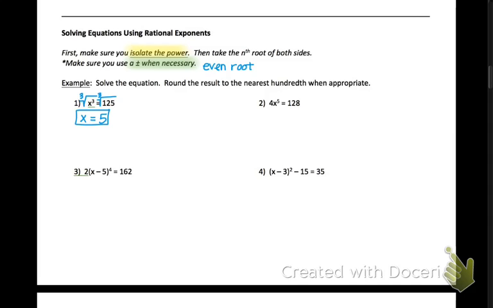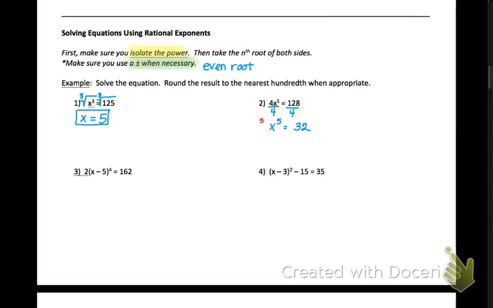So if we look at example 2, this one has a little bit of an added step. The power term is x to the 5th. So we need to remove that coefficient. We will first divide by 4 on both sides, and that gives us x to the 5th is equal to 32. Now at this point, we want to get rid of that 5th power.